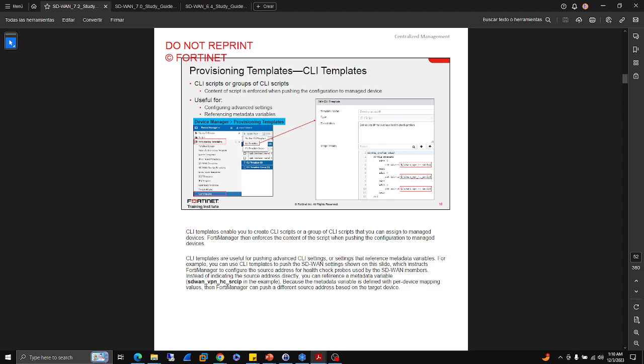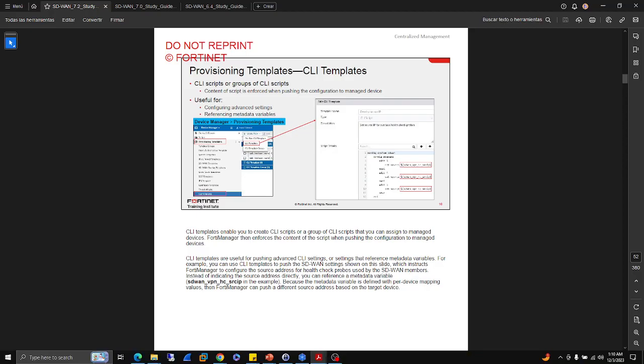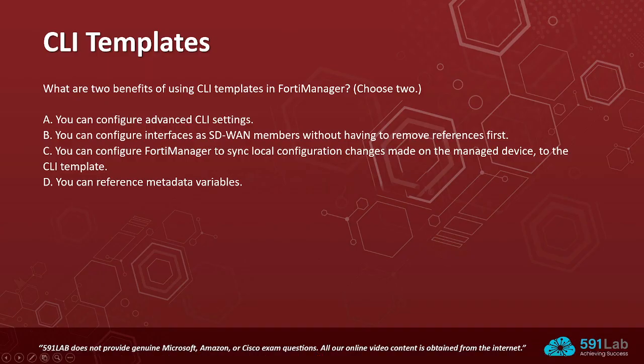So if we go back to our questions, you can make a configuration of metadata variables. The option D is right, and the option A is right too, because you can configure advanced CLI settings this way.